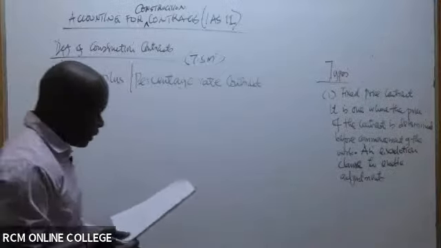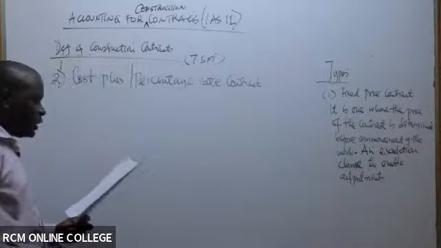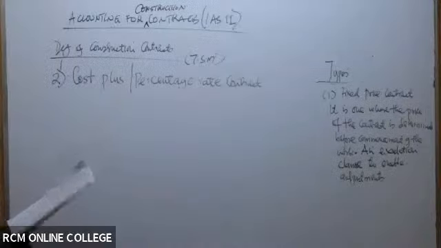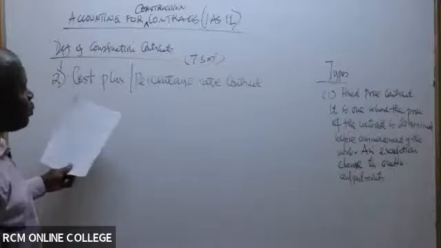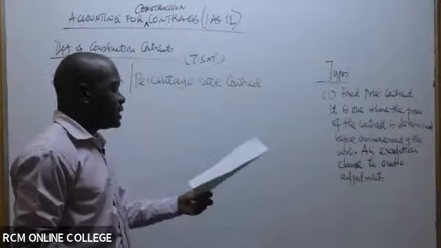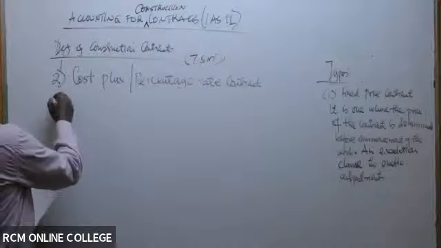It is a contract where the contract price is only determined after the contract has been fully completed. So it is the opposite. After you've been able to complete the work is when the contract price will be determined.